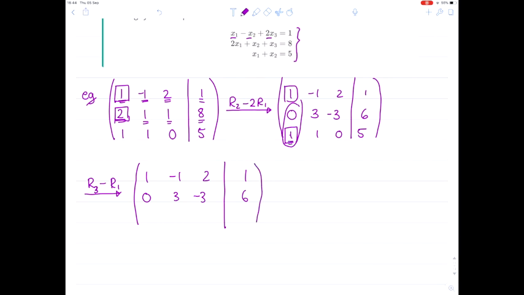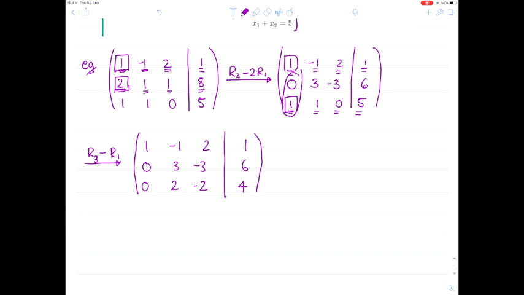Okay, so I've got 1 minus 1, which gives me the 0 that I wanted. I've got 1 minus minus 1, which is 2. And I've got 0 minus 2, which is minus 2. And I've got 5 minus 1, which is 4. So I've finished with this first column over here. I've got my leading one and everything else is zeros.